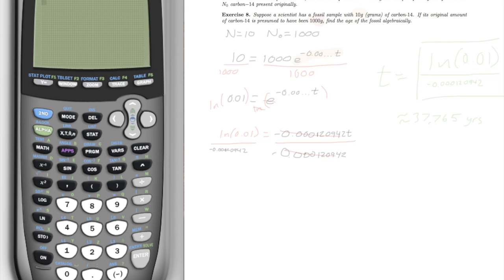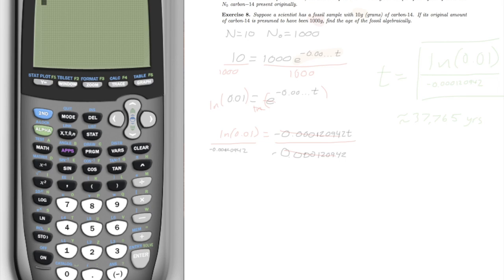And what this does is it describes the relationship between N, which is the amount of carbon in a sample after t years, if there was a certain amount N sub 0 originally. So this requires a little bit of guesswork.